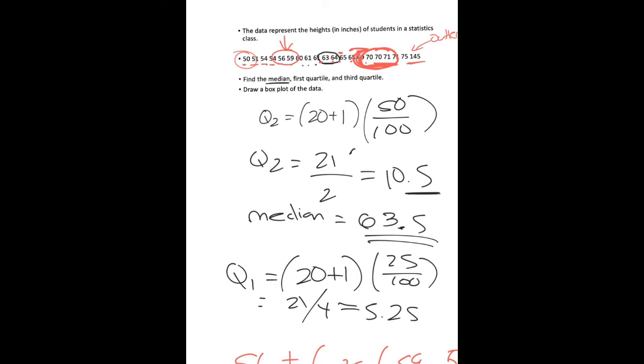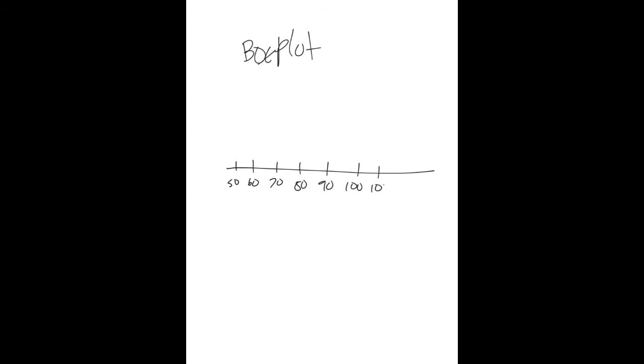So let's create a box plot with our data set. What is our box plot going to look like? Let's say we start at 50 and we go in increments of 10: 60, 70, 80, 90, 100, 110, 120, 130, 140, and 150.